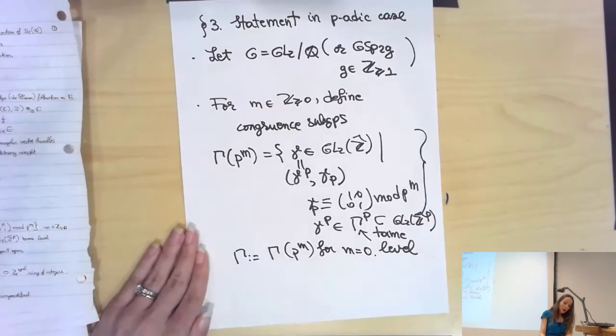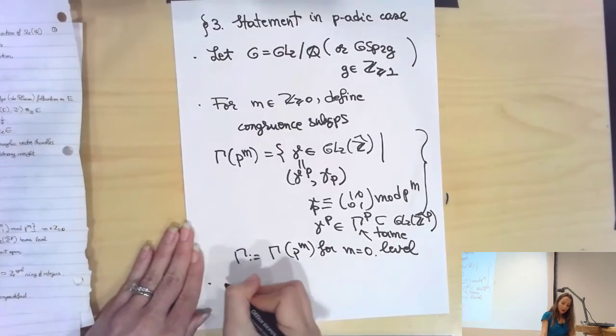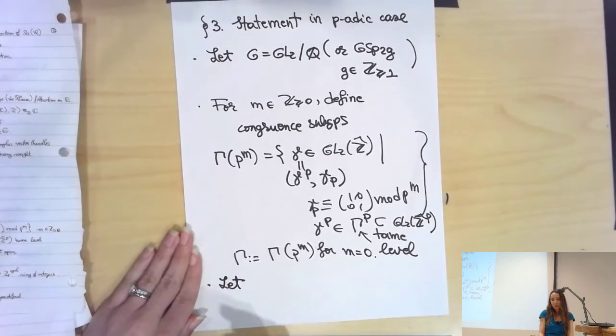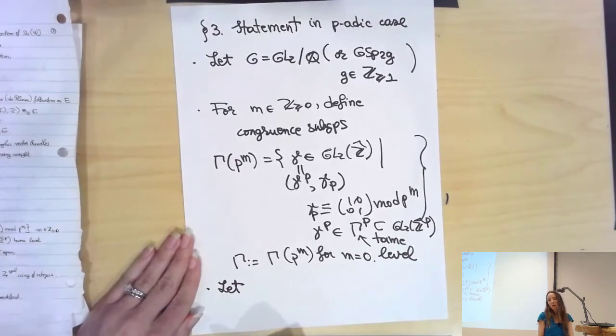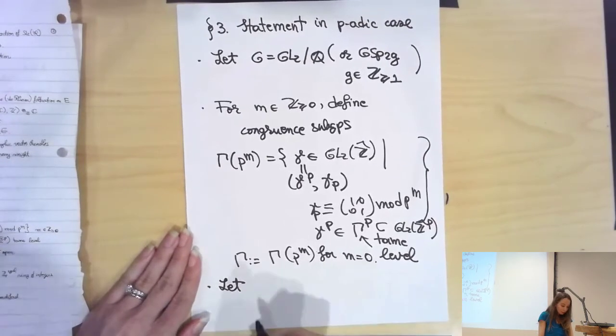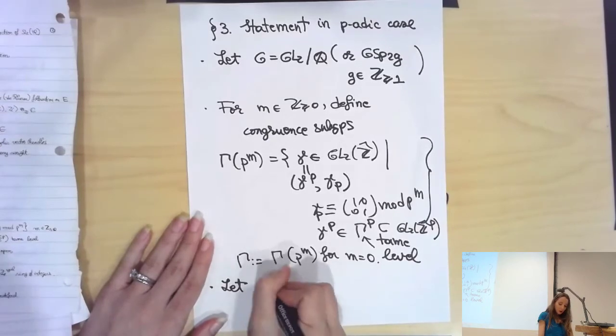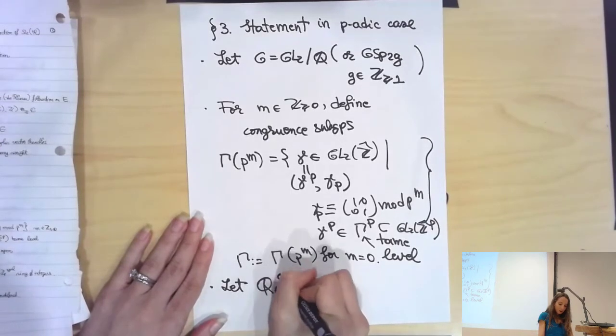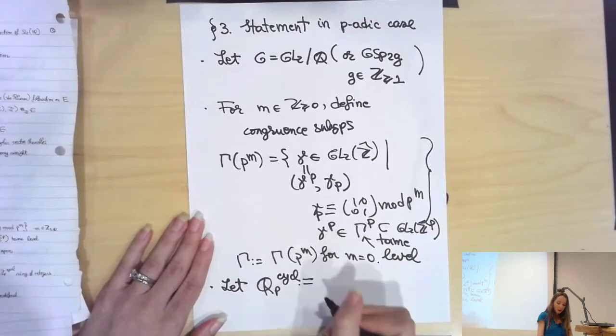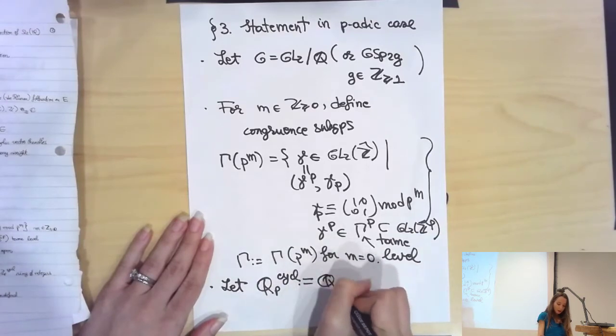Okay. And we're going to work throughout, well, we want to have perfectoid modular curves, so we better work over a perfectoid field rather than just, say, over Q_p. So I'm going to take Q_p cyclotomic, which you've seen both in Jared and Kiran's lectures.